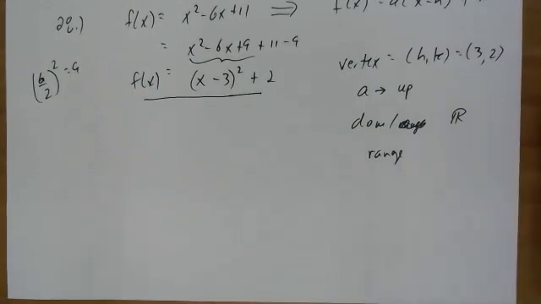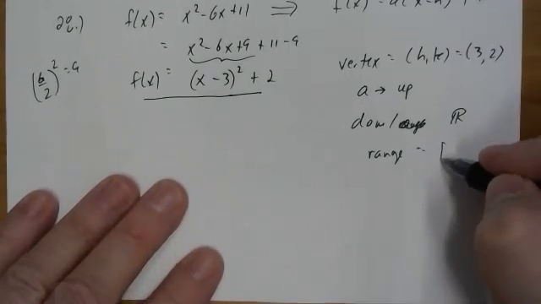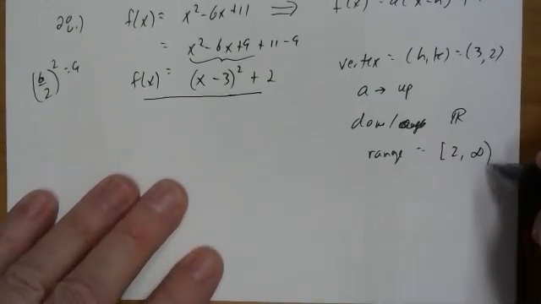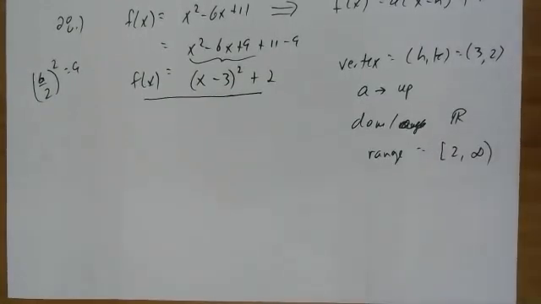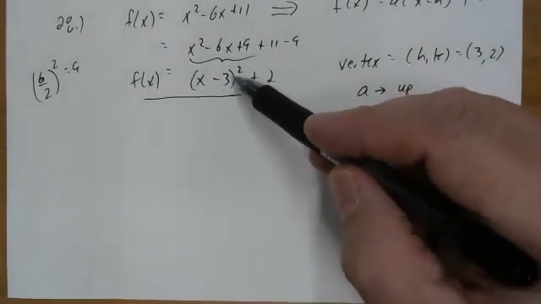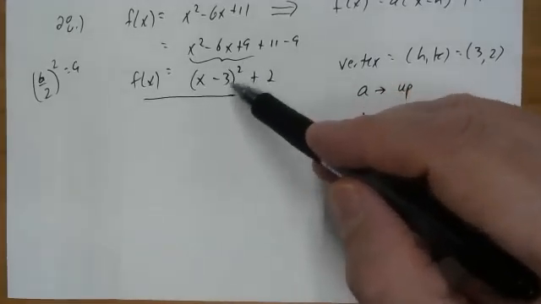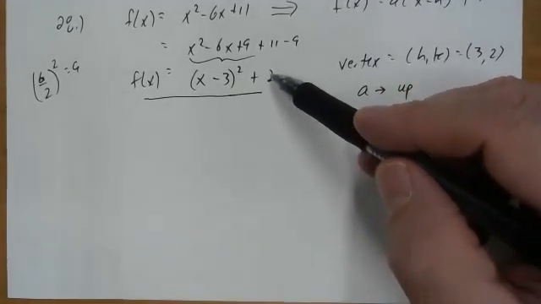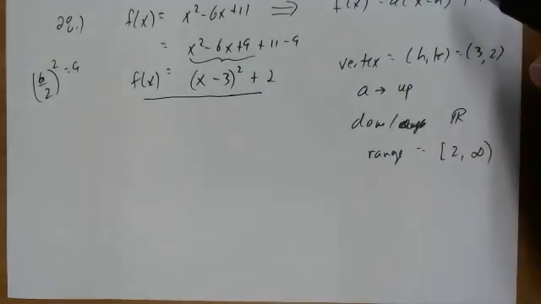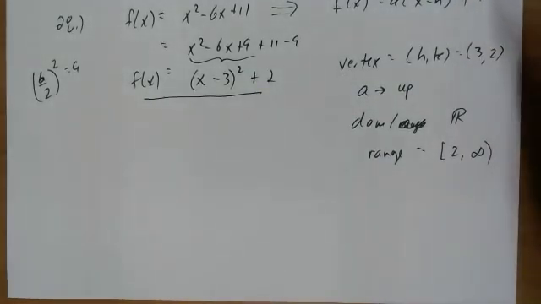The range, because this is always going to be positive and smallest it can be is 0. So it's always going to be at least 2. Yep. All right. Don't worry about domain and range too much on these, especially the range.